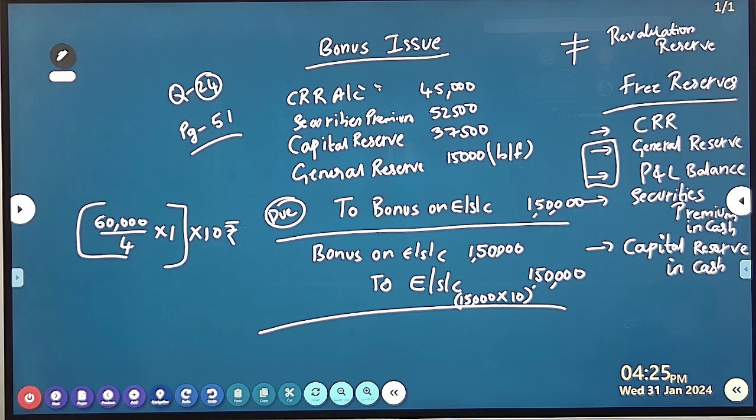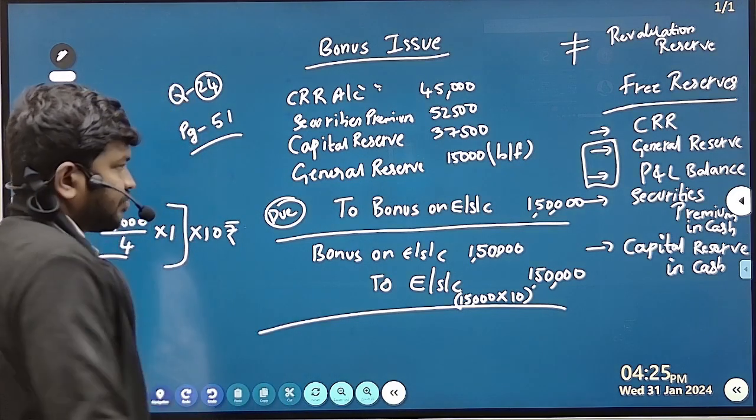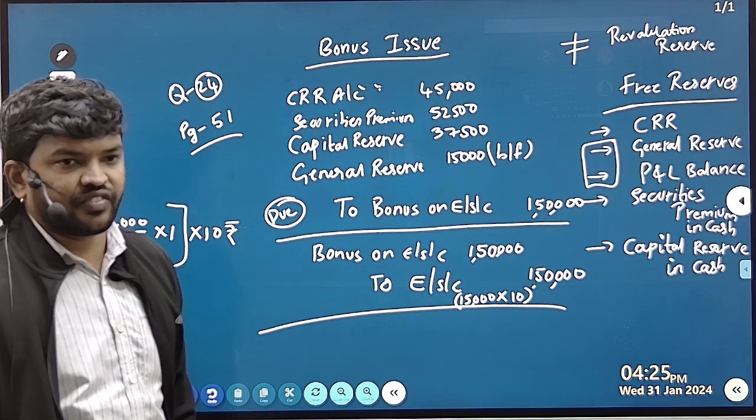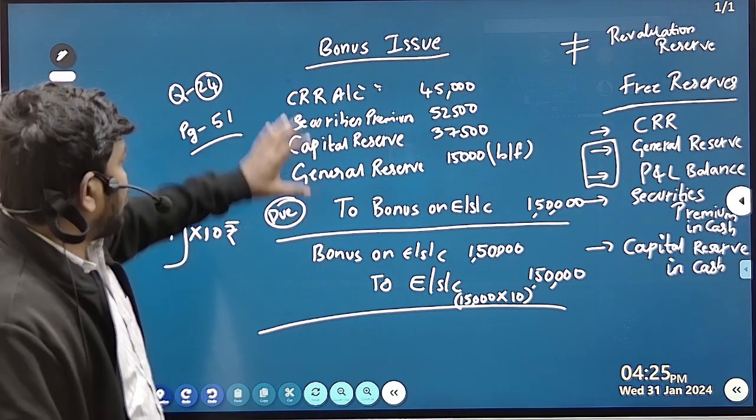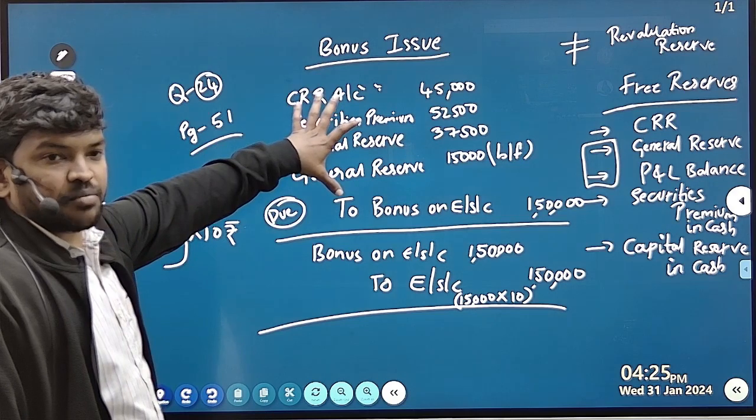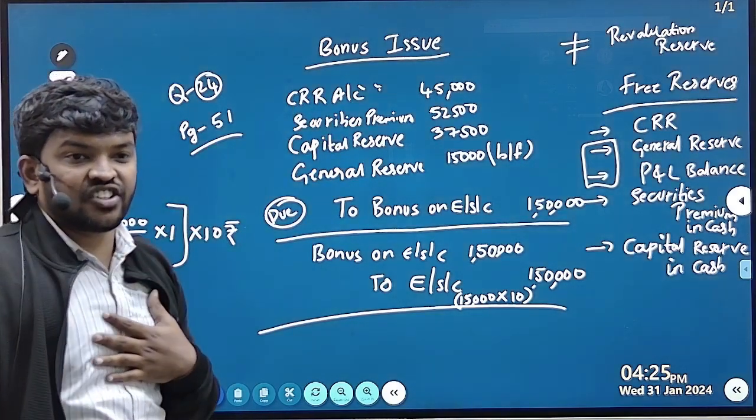Come to the next sum, number 28. Why have I debited the reserves here? Because I am not receiving any cash.